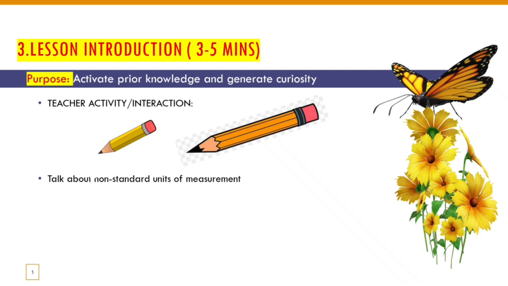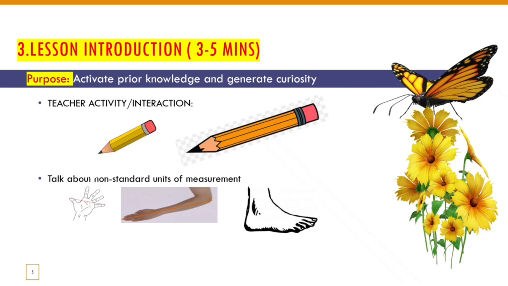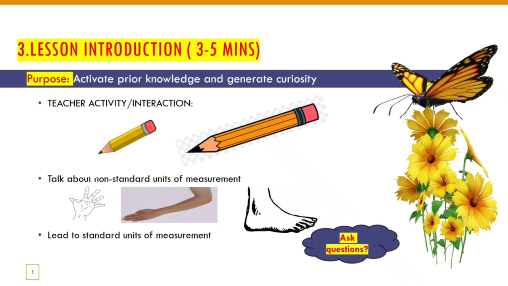And then you can continue and talk about non-standard units of measurement and introduce few non-standard unit of measurements, and then lead to standard units of measurement and explain that why standard unit of measurement is important, and ask questions that what are some things we measure, or you may explain the need of standard unit of measurement, that to compare length properly we need to measure using standard units.